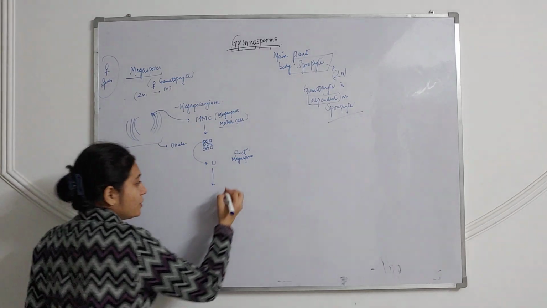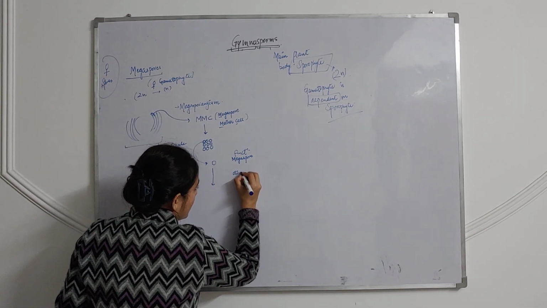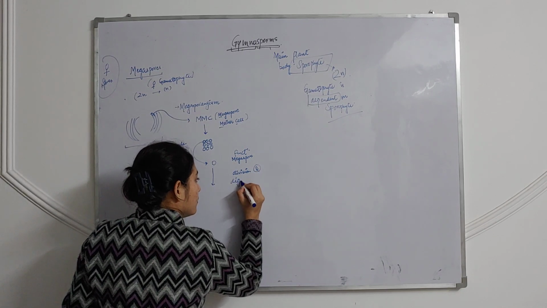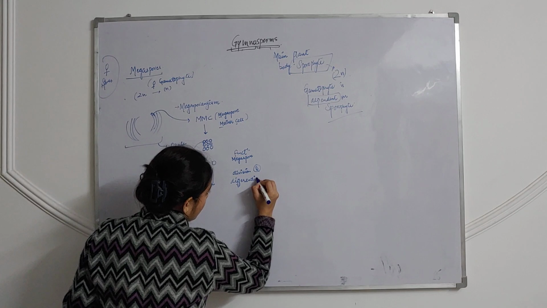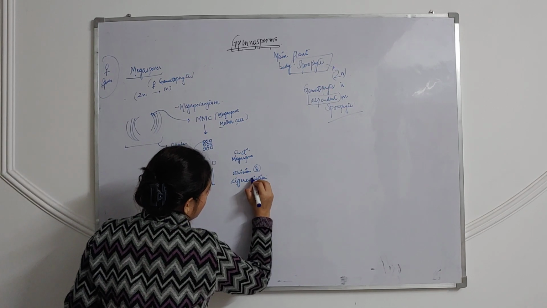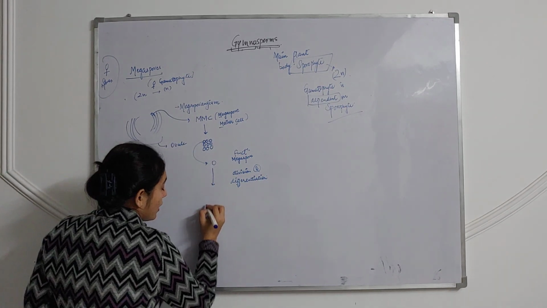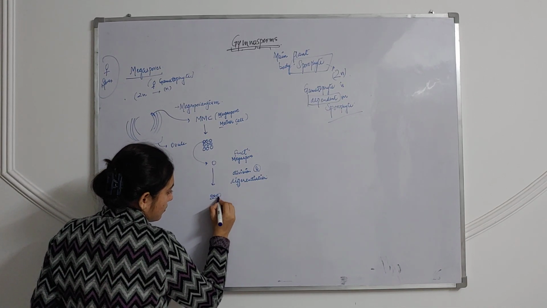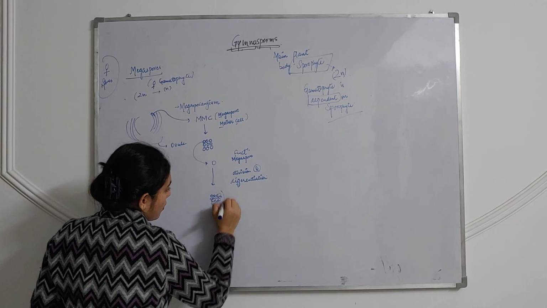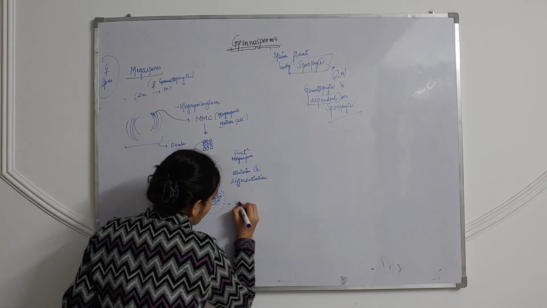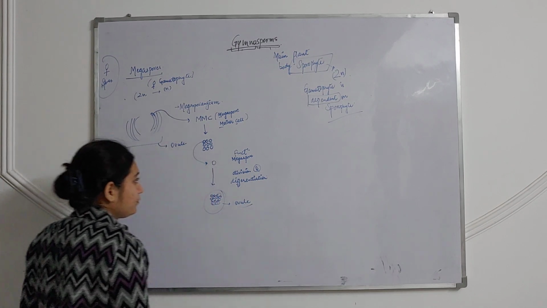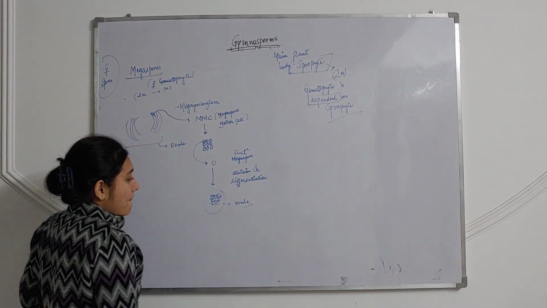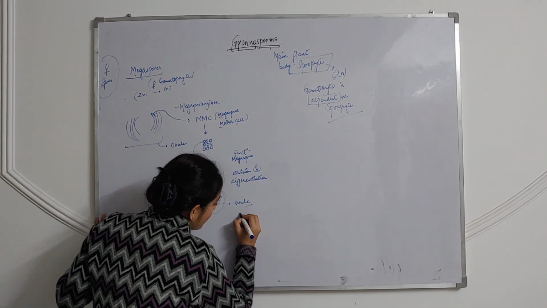Which undergoes differentiation and division and forms a multicellular structure called the ovule, which is enclosed in megasporangia.